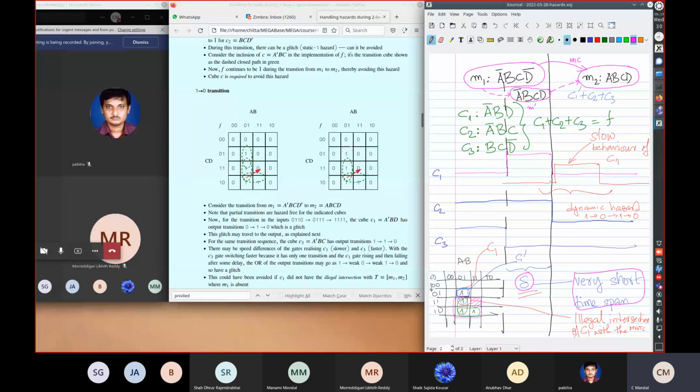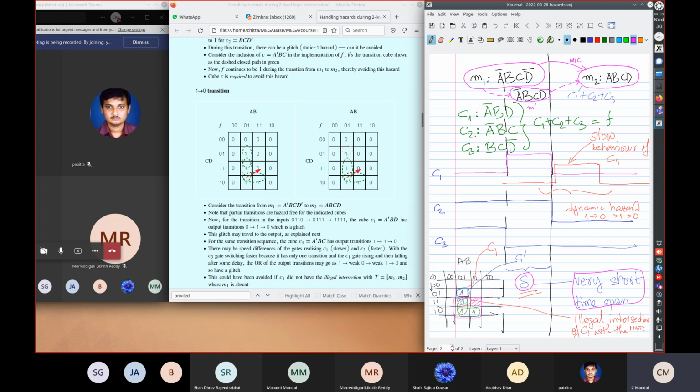It momentarily goes high and then goes low. Now the problem is that this is such a short time span, and if C1 has a slow implementation, then this could happen in this form.